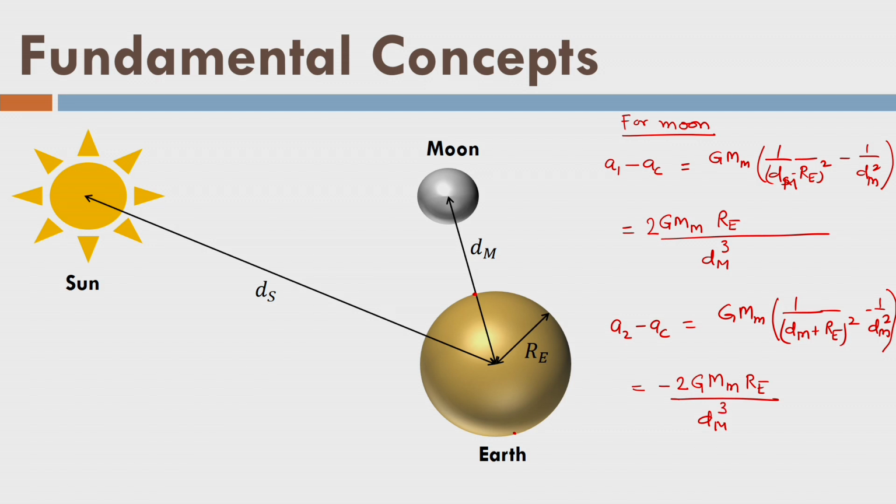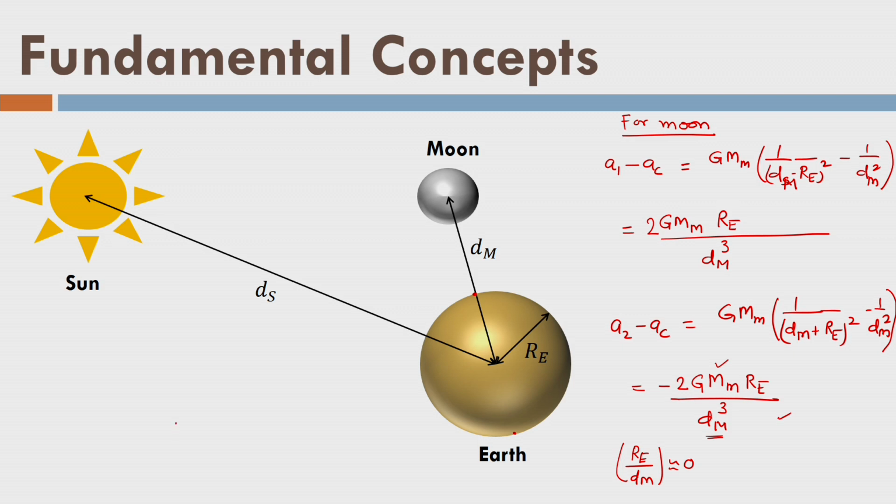The similar relationship I can also write for the sun, where this mass will be replaced by the mass of the sun and this distance will be replaced by ds. Here we have taken one approximation that the ratio of the radius of earth to the distance dm is approximately 0. Try to derive this yourself and you will get this one.